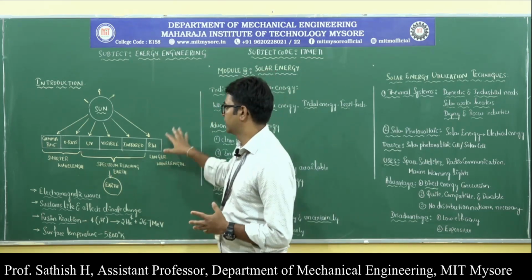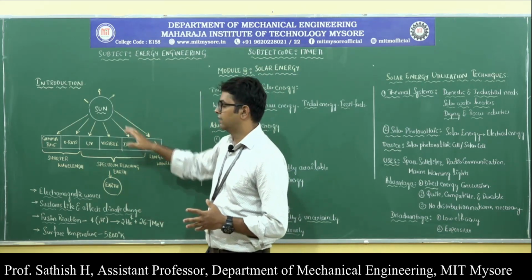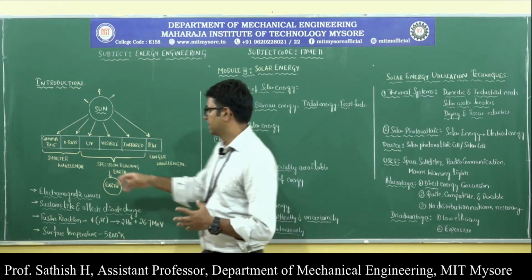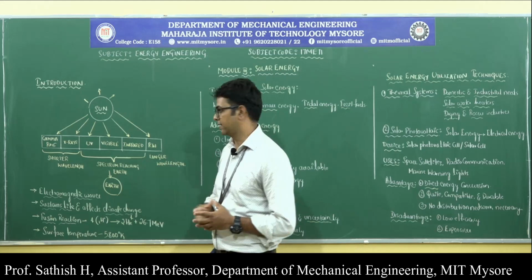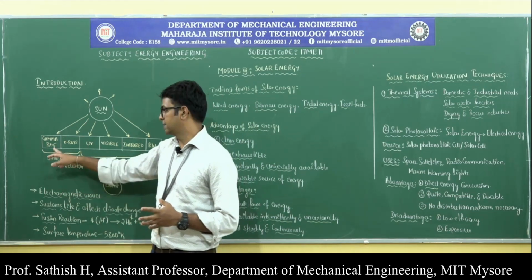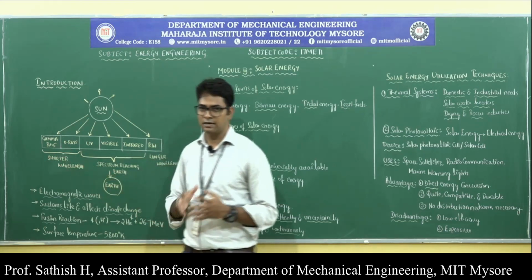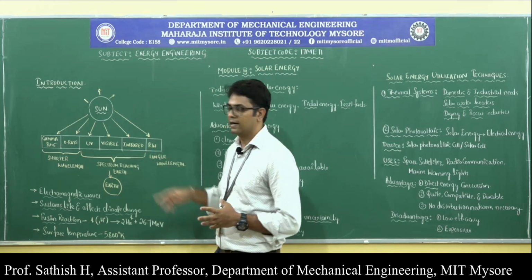Coming back to this, we have the sun and the earth. The energy from the sun has a spectrum of rays, starting from shorter wavelengths, that is gamma rays and X-rays, and longer wavelengths are radio waves.